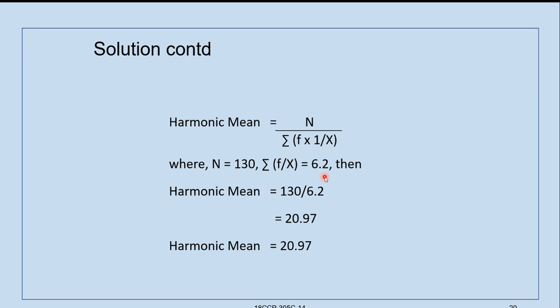Sigma f by x is equal to 6.2. And then harmonic mean is equal to 130 by 6.2. If you use a calculator, then the result of this division is 20.97.